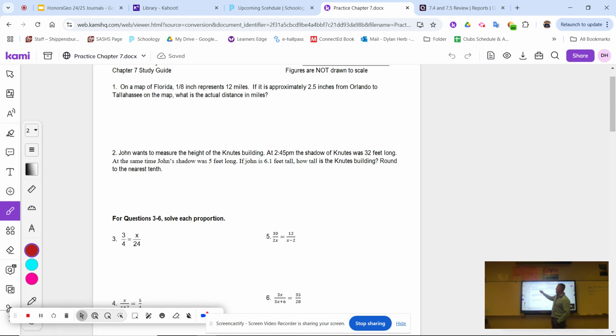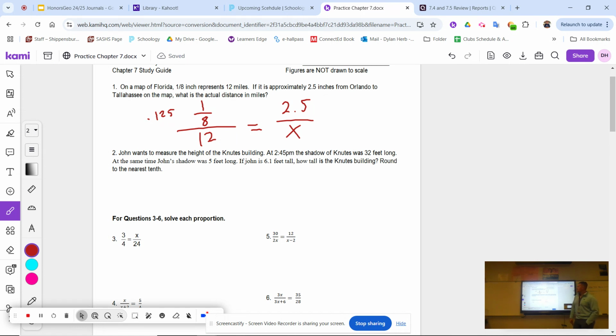For this one, your proportion would be 1/8 of an inch is to 12 miles, as 2.5 inches is to what miles? So you would solve that proportion. 1/8, if you need to do it as a decimal, should be 0.125.